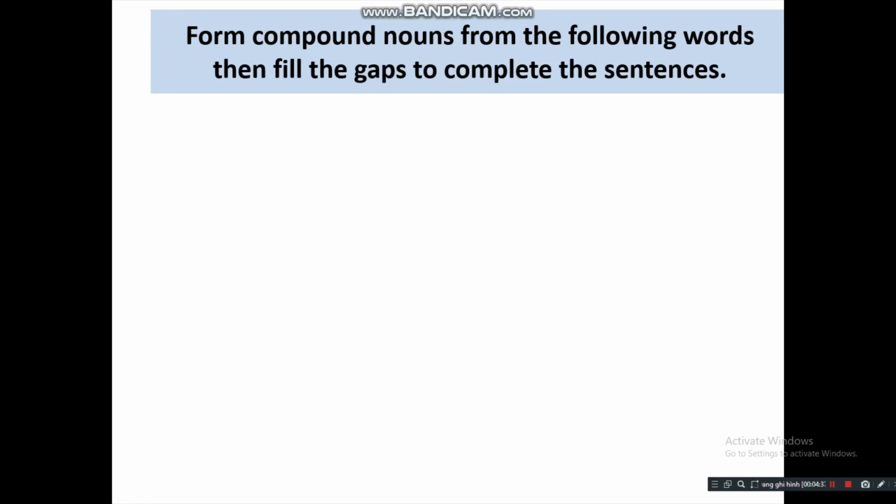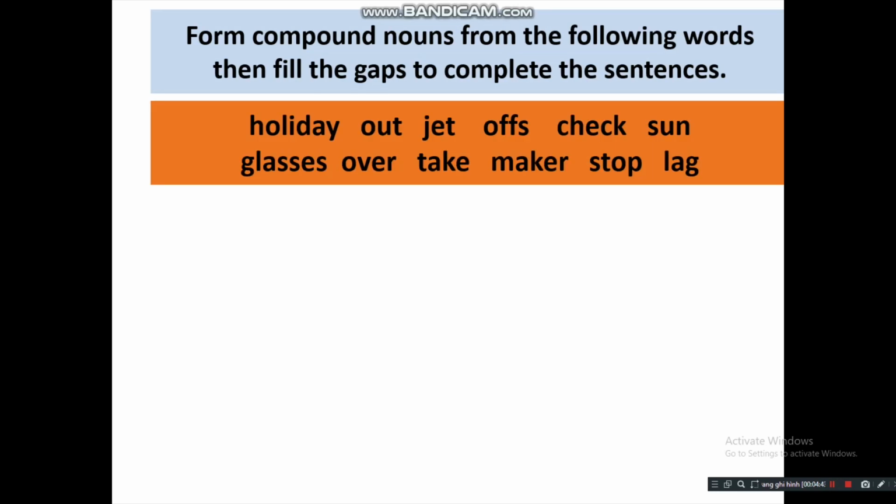Form compound nouns from the following words, then fill the gaps to complete the sentence. And the words given are holiday, out, jet, arts, check, sun, classes, over, take, maker, stop, lag. So let's do it one by one.